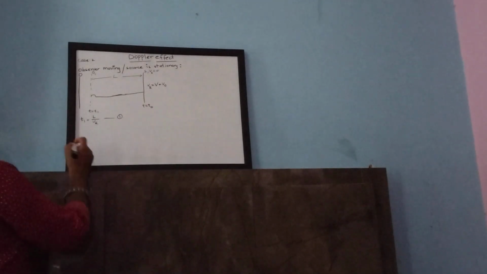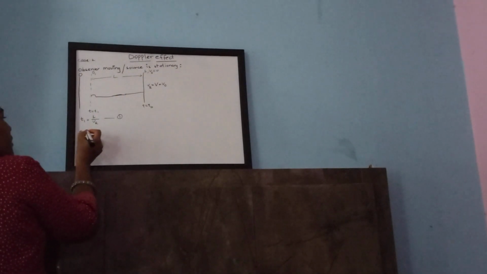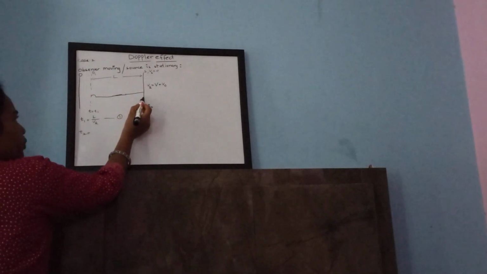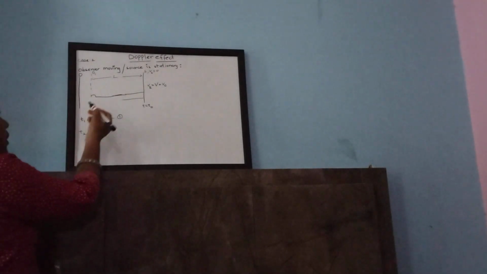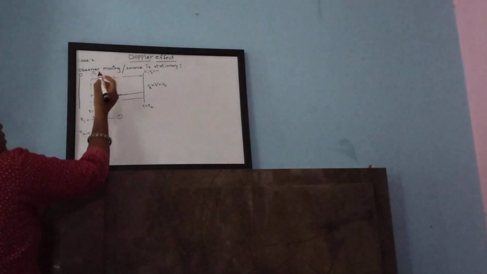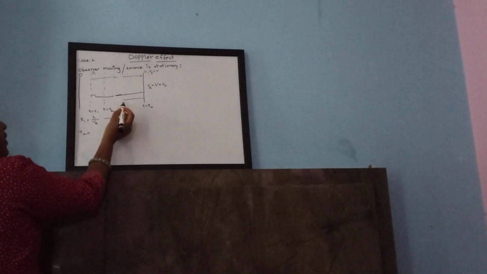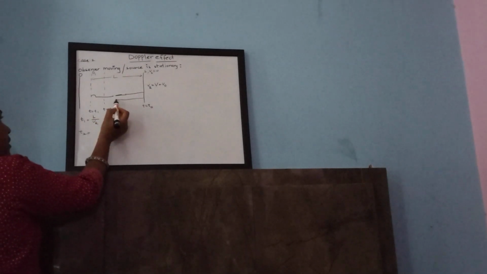Again, when t is equal to t2 time, suppose the source emits another crest and it travels towards the observer while the observer is moving towards the source. At t2, this second crest reaches the observer and the observer reaches the O2 position.